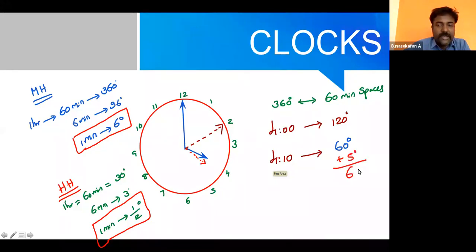Understand? So 65 degrees is the actual answer, not 60 degrees. At 4:10, the angle between minute hand and hour hand is 65 degrees, not 60.